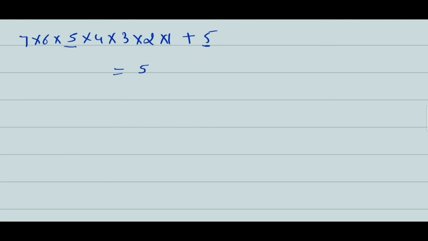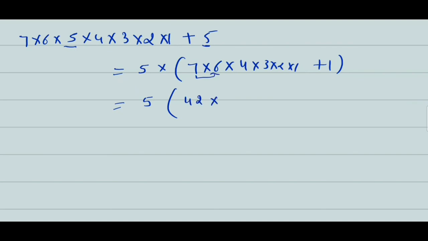Here also this 5 is common, so we'll take this out. We can write this as 5 multiplied by 7 into 6 into 4 into 3 into 2 into 1 plus 1. So this will become equal to 5 into 42 into 12 into 2 plus 1, which is equal to 5 into 42 into 24 plus 1.